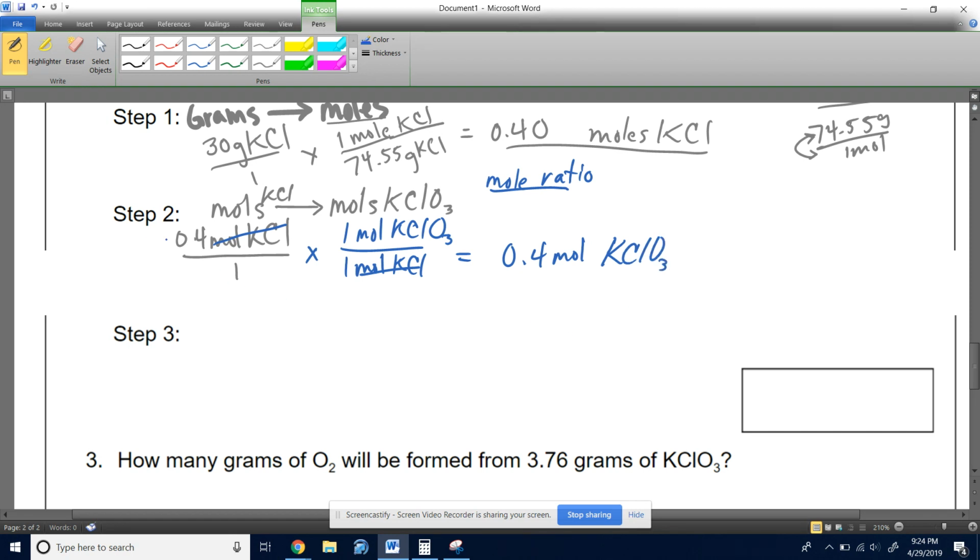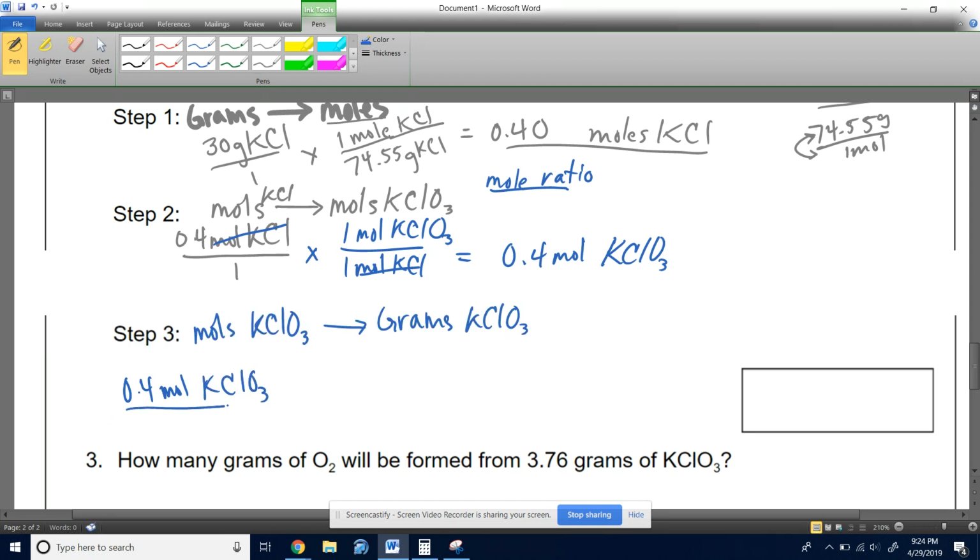Okay, so now our last step, step 3, is we have to go from moles of KClO3 to grams of KClO3. Okay, so that's the very last step. So then we take our moles of KClO3, 0.4 moles of KClO3.